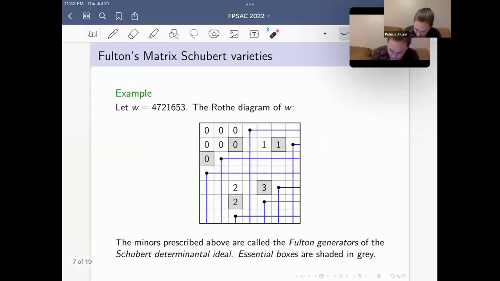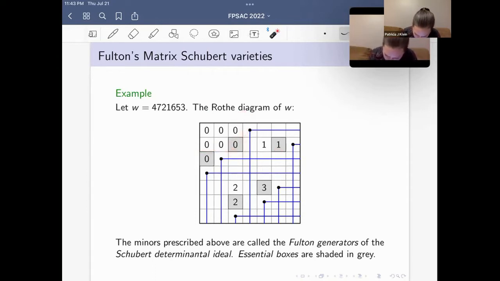So here's a larger permutation with a more complicated Rothe diagram. And so just again, this 0 is saying we have to be rank 0 northwest of that square. So that's telling me to put into my ideal these 3 variables, Z11, Z21, Z31. This 0 is telling me to be rank 0 in that location.